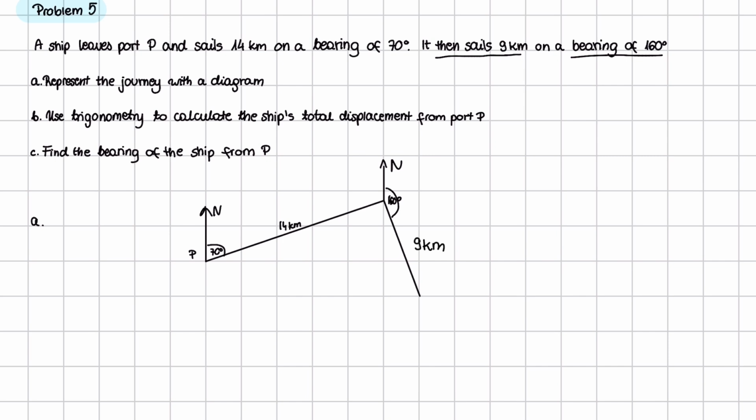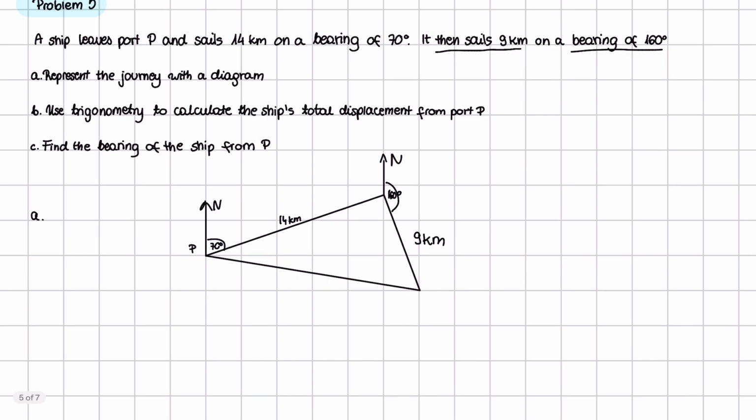And of course, we have to connect our starting point and the point at which we are for now, and it looks like this, and here also north, and this is everything for point A, so our journey on a diagram.